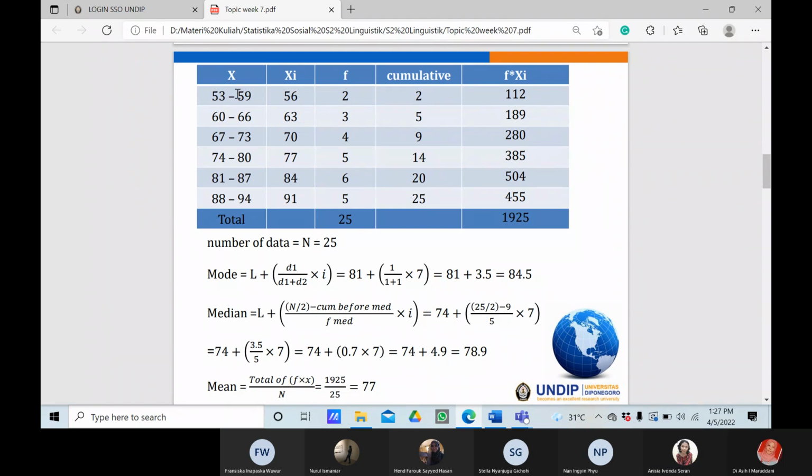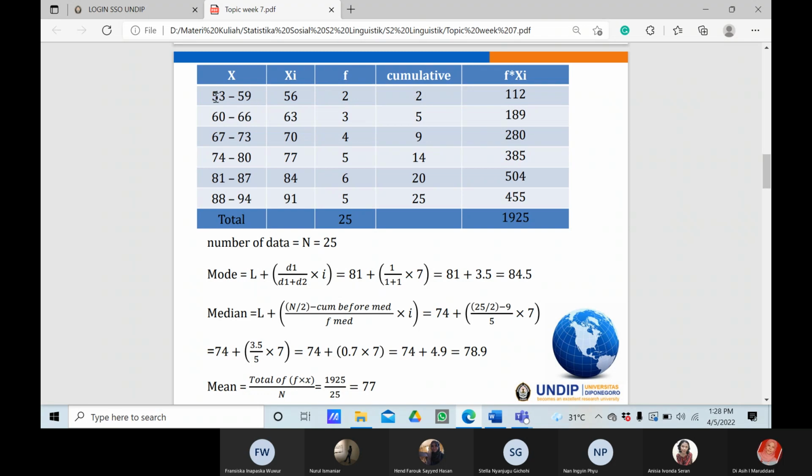Okay. When the interval consists of an even number of scores, you have to find the midpoint as the median. You have to sum the middle numbers of this interval and divide by 2, like you calculate the median.